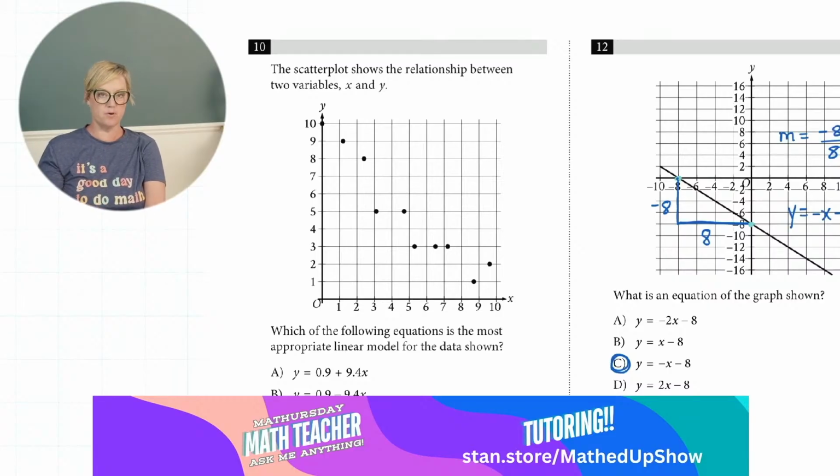And that the number that doesn't have the variable with it is the y-intercept. When I figure this one out, I'm not going to do any calculations. You don't have to do any of that work.